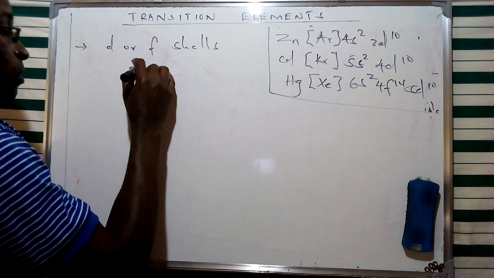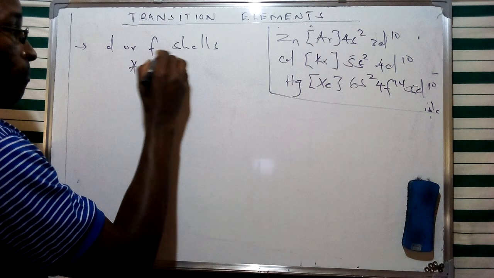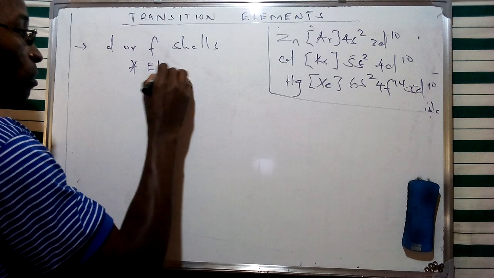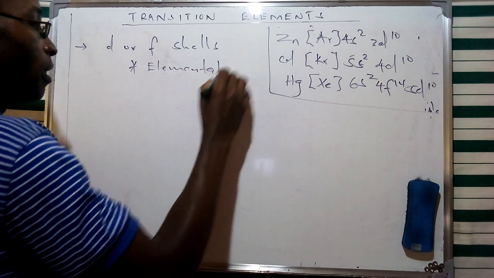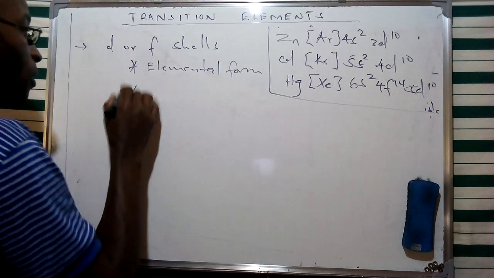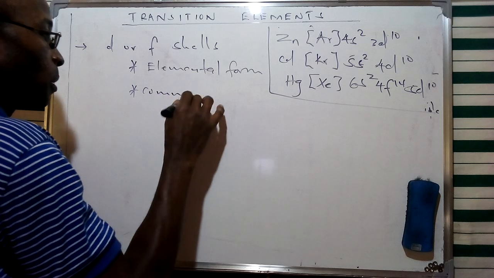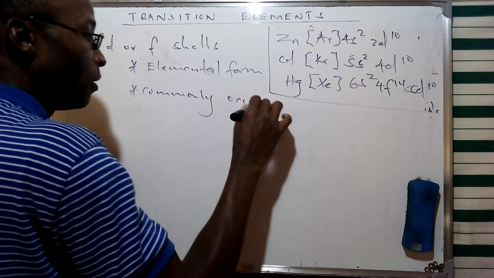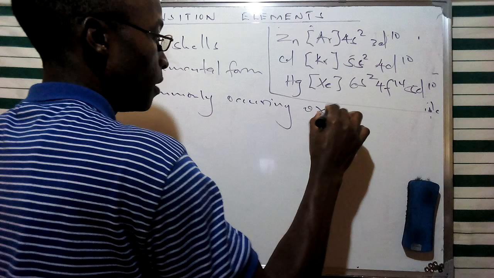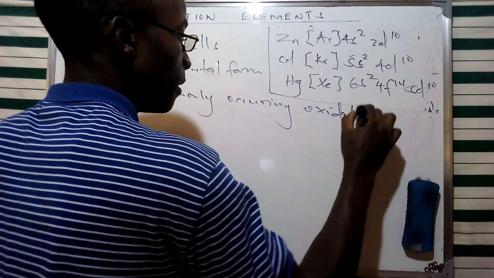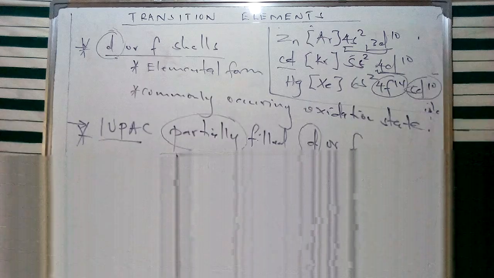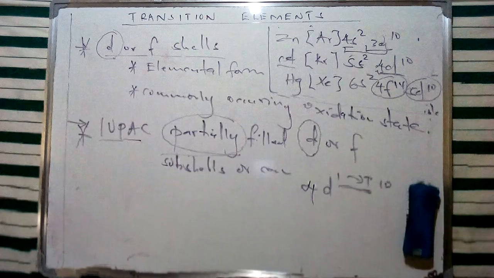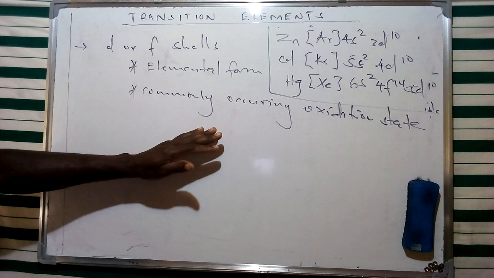So if an element consists of the D or F shell in their elemental form or in their commonly occurring oxidation state, it is regarded as a transition element.